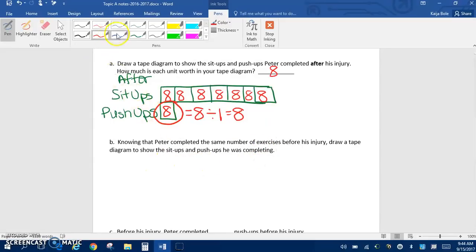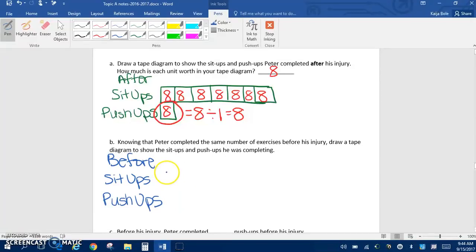Now we're doing before, so I'm going back to blue. So this is before. We're comparing the same things, sit-ups and push-ups. If you look up above, the ratio for before his injury was 5 to 3.